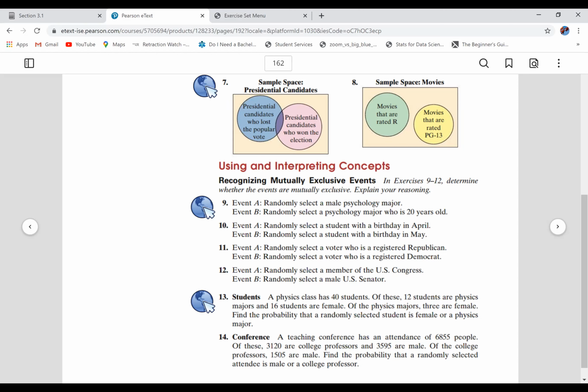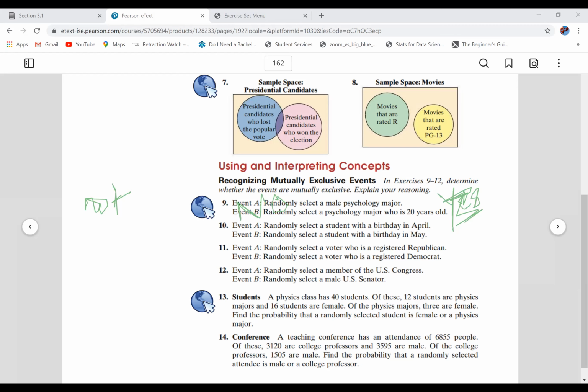Let me just annotate. If it is a yes, that means not mutually exclusive.